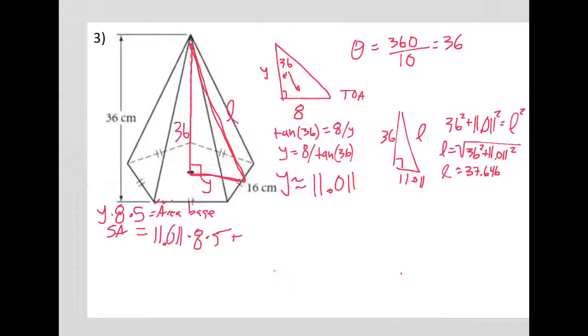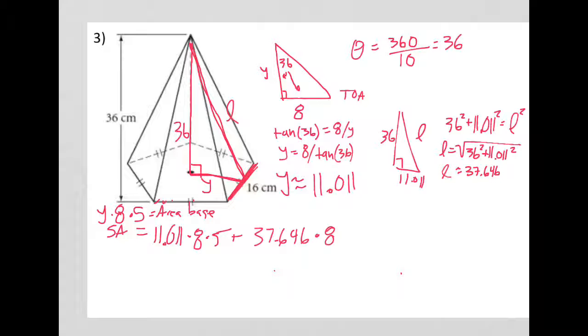So we have the area of the base. Now we need to add the area of all those faces, which are triangles. So let's calculate the area of the triangle. So it's going to be that slant height L, which is 37.646, times the base, which is that 16, which we would then divide by 2. So I'm just going to say times 8.